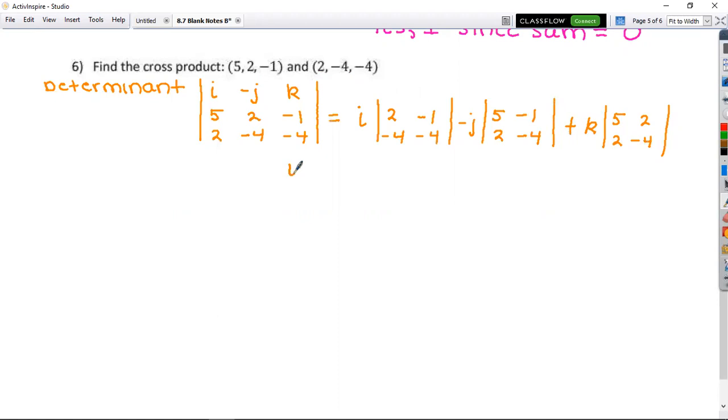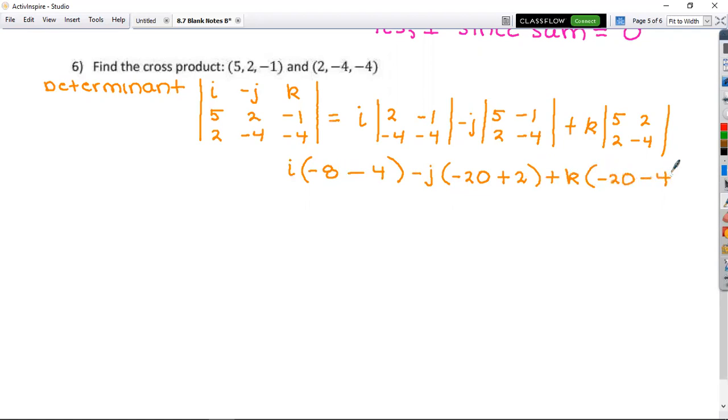So I have i, and now we're going to do product of the major diagonal here first. I have 2 times negative 4, which is equivalent to negative 8, minus negative 4 times negative 1 is 4, minus j, and then I've got a negative 20, minus negative 2 becomes plus k, and then I've got a negative 20 minus 4.